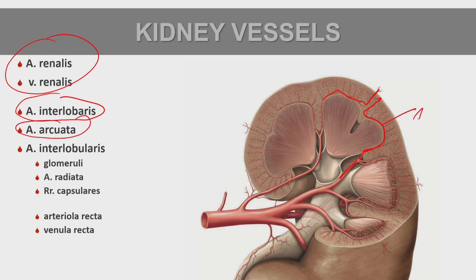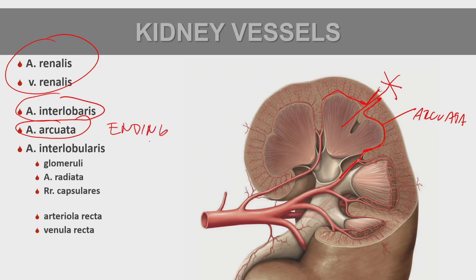This is arcuata. It is an arch of arteries. But what is drawn here, this is important, that there is a barrier of territories. They are not connecting. They are so-called ending arteries.